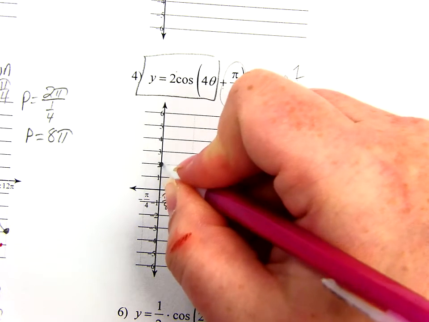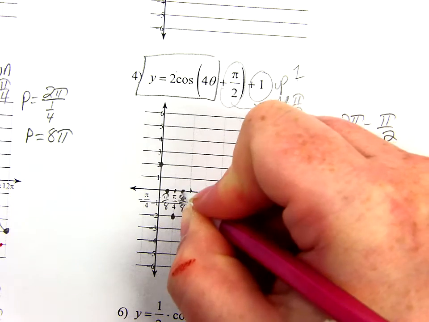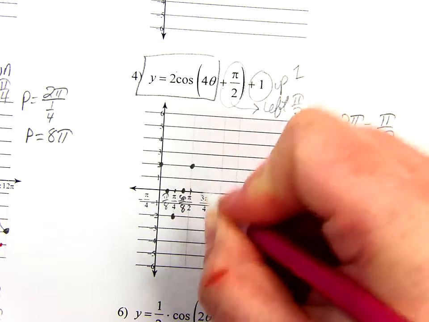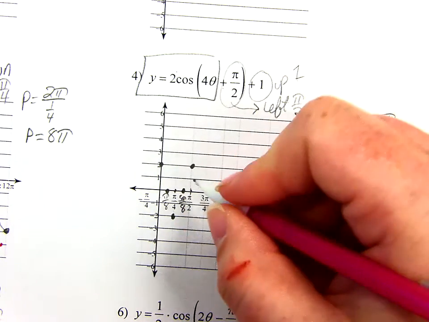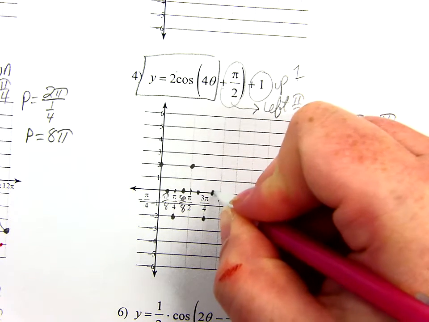2 cosine. So I'm going to start at positive 2, down to negative 2, up to positive 2. Okay, so then I just repeat that process.